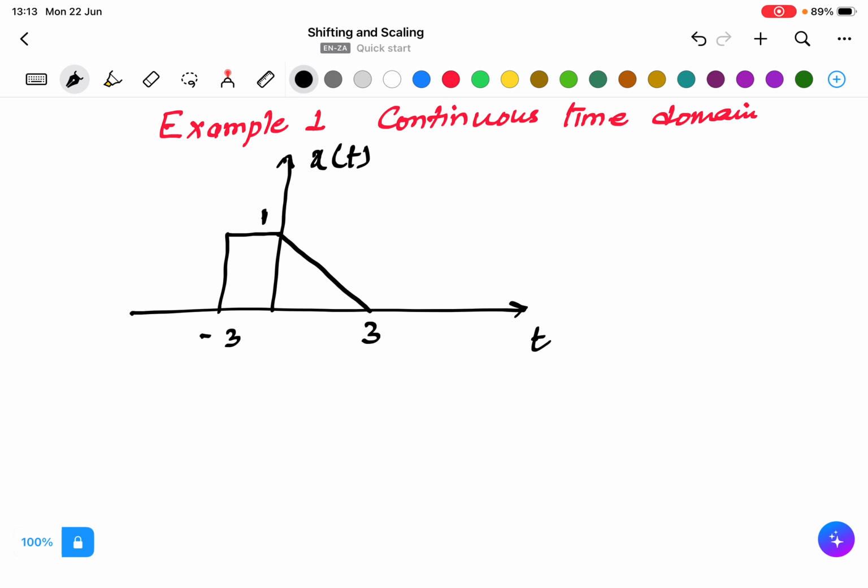One can indicate here that this is amplitude, and the signal starts from -3 and it's going up to +3, and after that and before that it's equal to 0, shown by the green line.